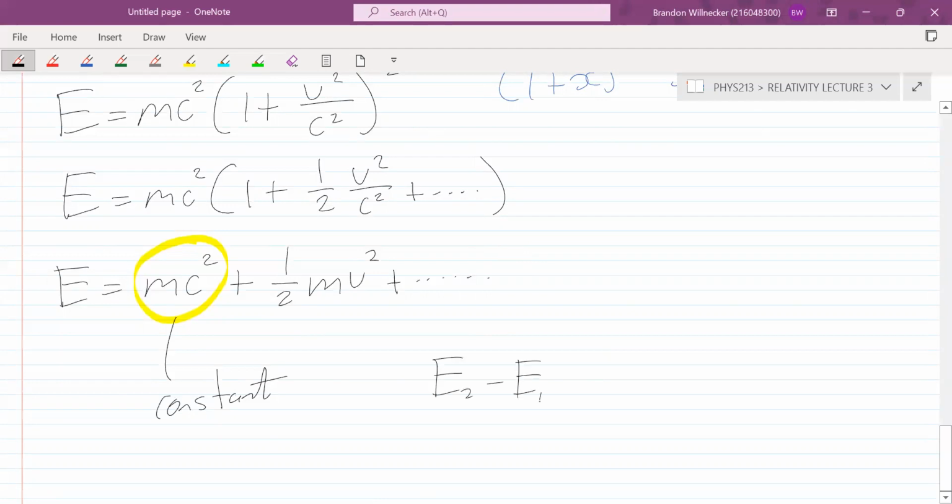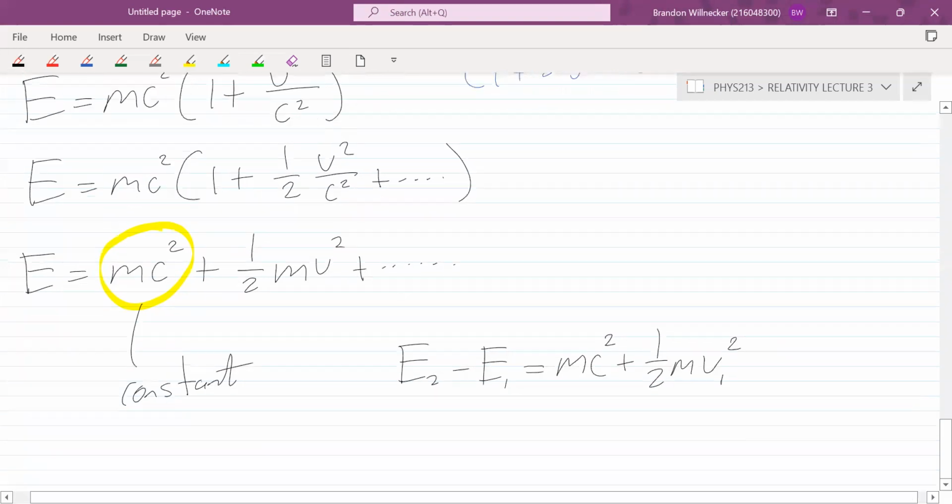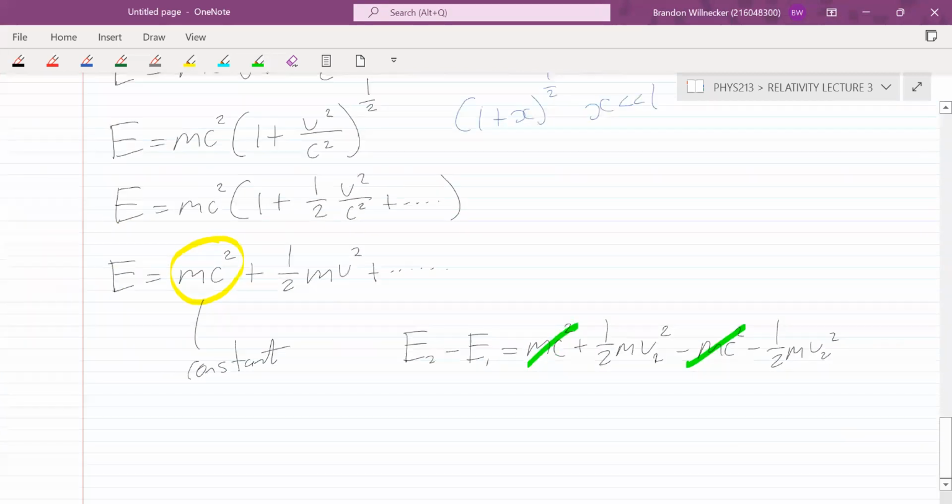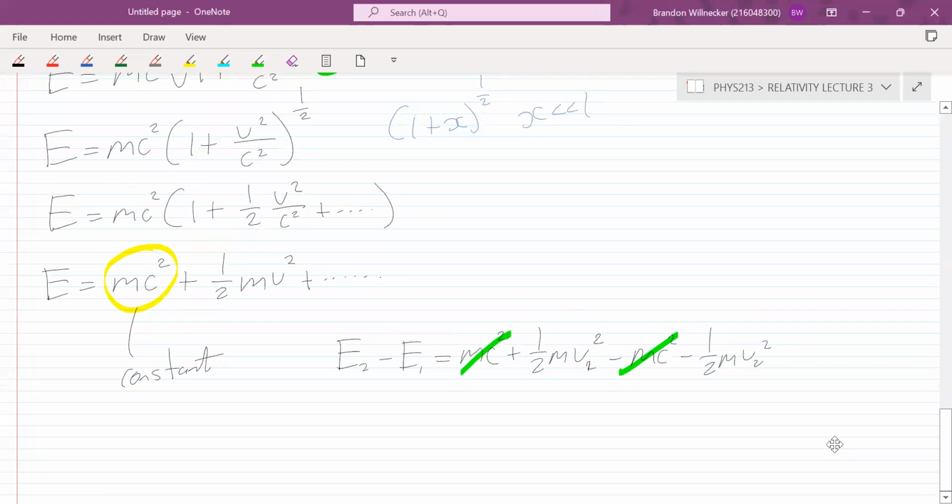So E2 minus E1, let's write it as mc squared plus half mv1 squared minus mc squared minus half mv2 squared. We see that this mc squared is a constant. It just goes away, and we're left with the change in kinetic energy.